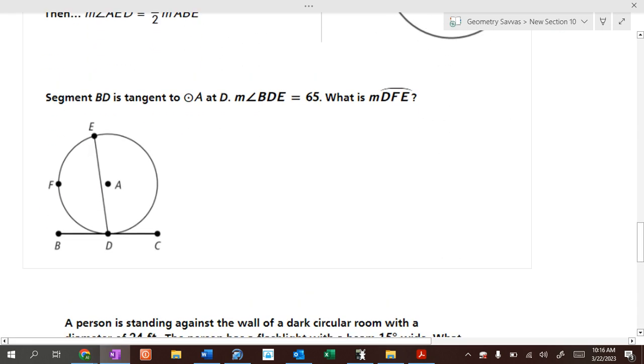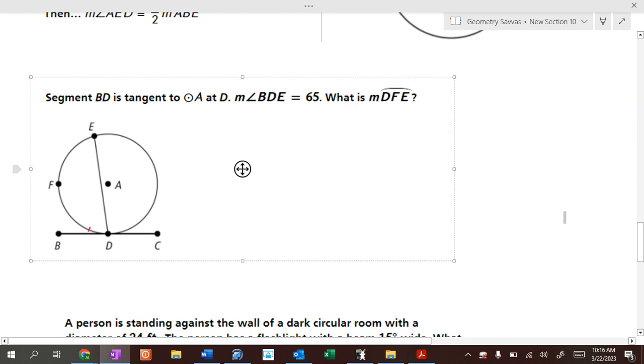Okay? So angle BDE, this angle right here, is 65 degrees. How big is arc DFE? Not 180, it doesn't go through the center. 130 degrees. How big is the arc on the other side?